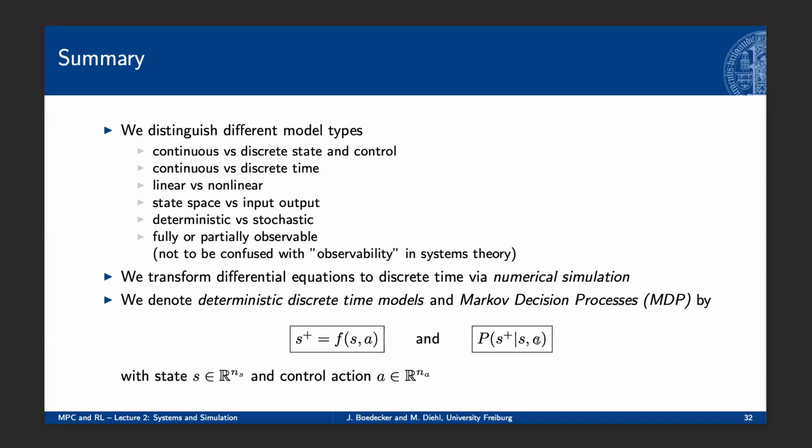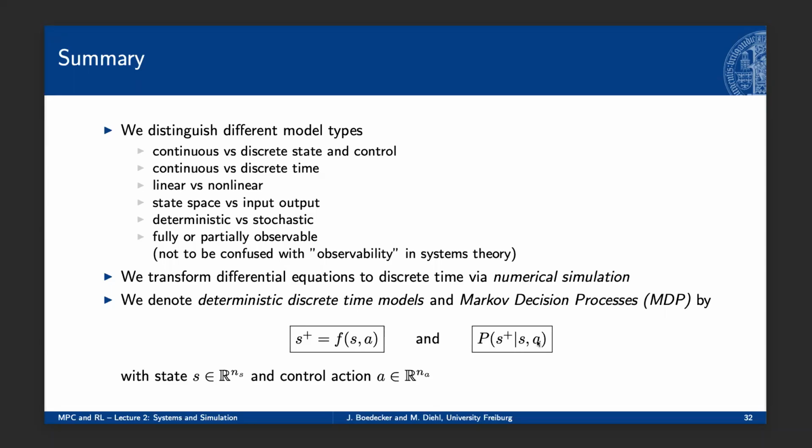And we might have fully or partially observable systems. And this is something I should say with a good conscience to control engineers, because there is, in fact, the notion of observability, which I didn't talk about today, which is a bit related, but not exactly the same as a partially or fully observable system, right?